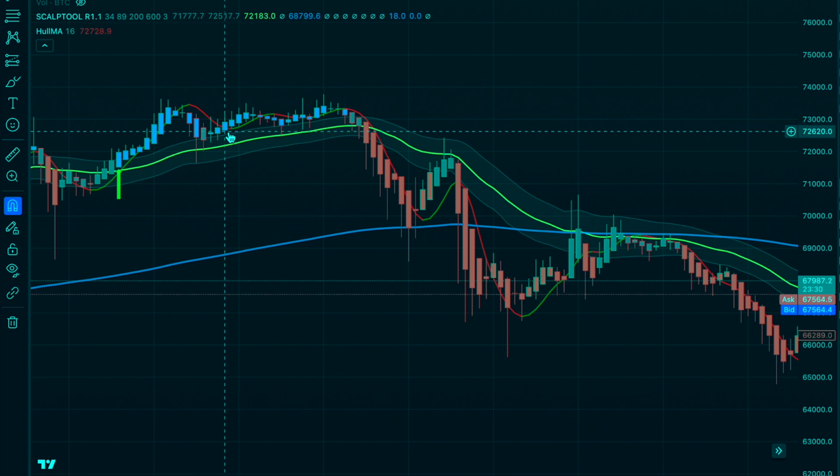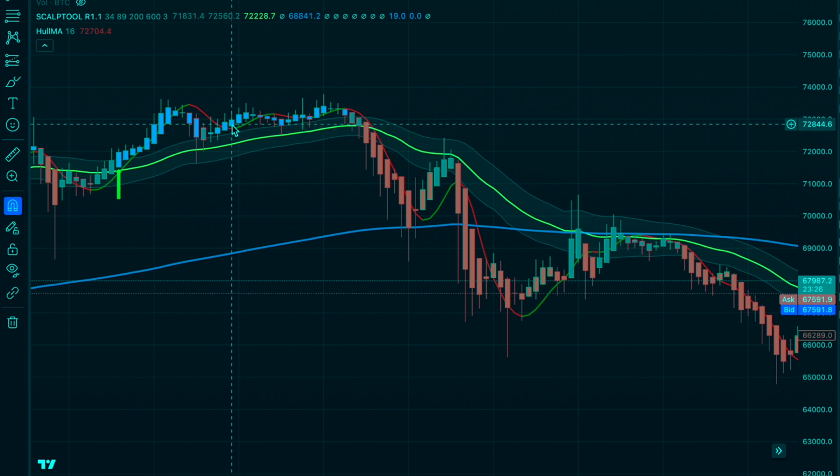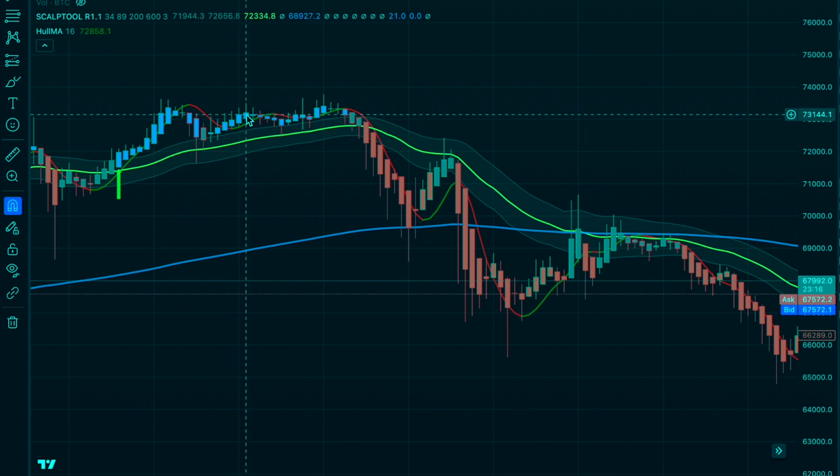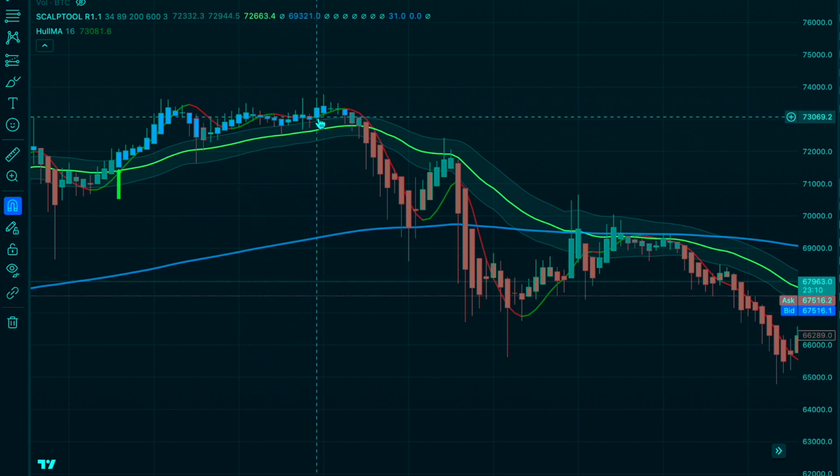This setup would be tempting to get into, but you don't really have the big breakout candle we'd be looking for. You could trade this one, but it would be really scalping small time frames. Look for the next entry. This one? Nope.